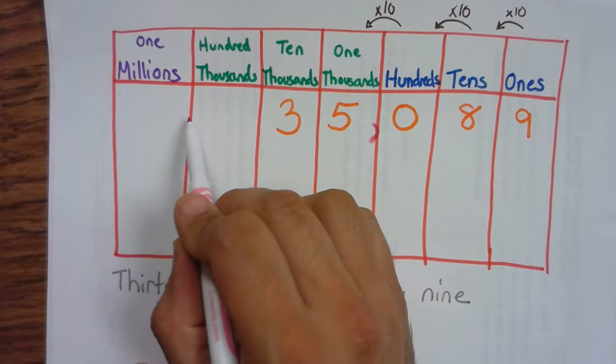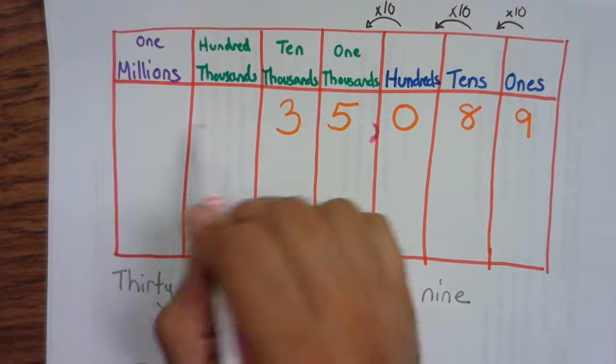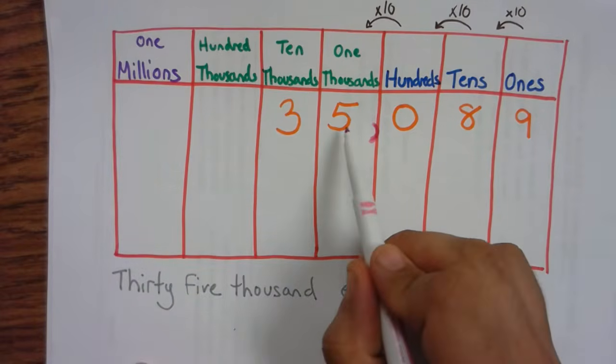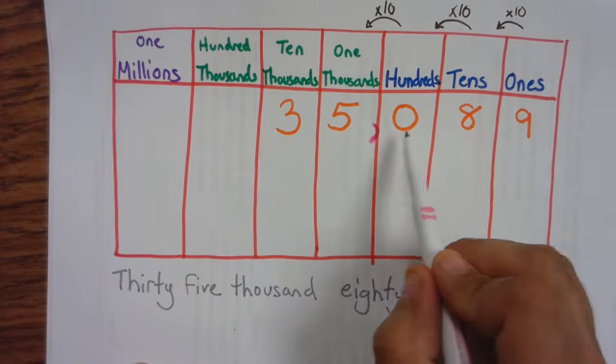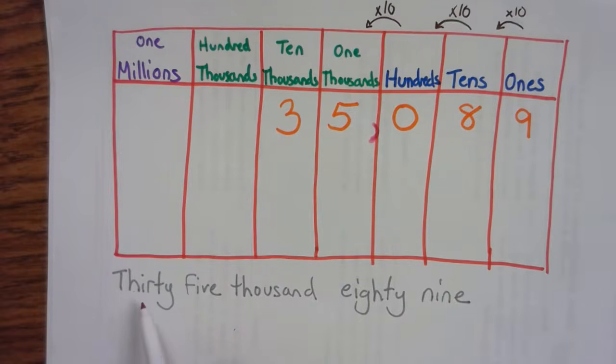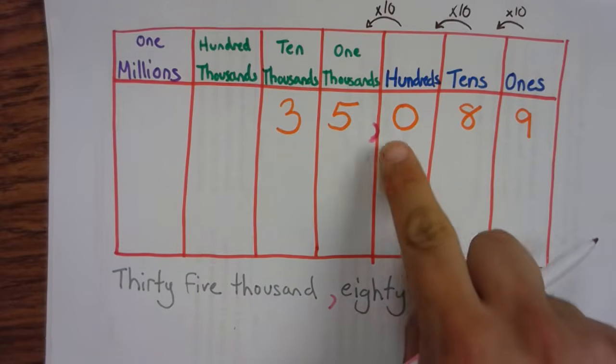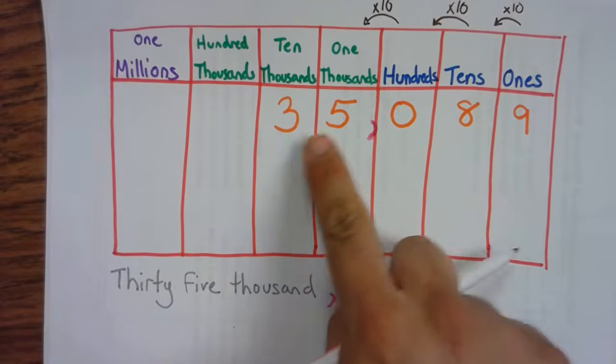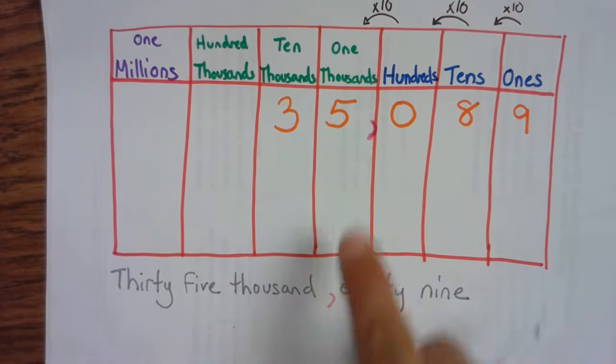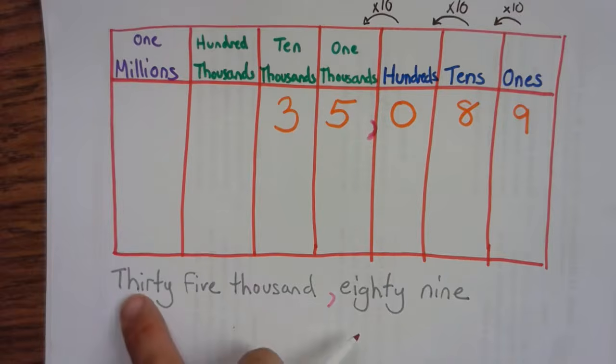If we were still putting in values here, we'd put a comma right here. 35,000, comma, 89. And sure enough, that's where we put commas in word form. Where the comma goes in the number, right after the 35,000, is where the comma goes in word form. Again, right after 35,000.